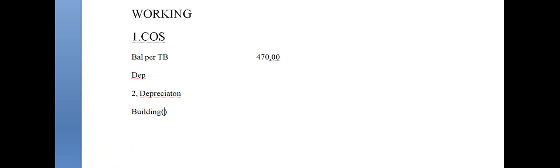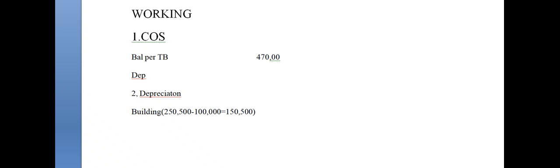Then land is 100,000. So 251,500 minus 100,000 will equal 150,500.